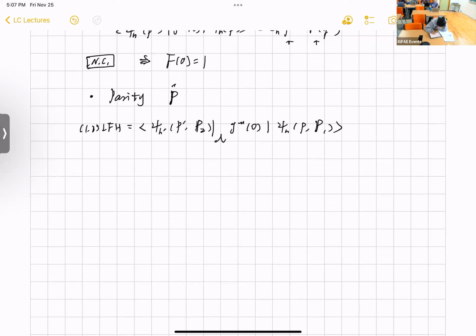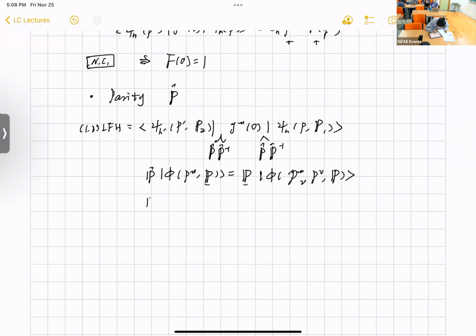So let me also write out the parity of the state, and let us plug in a complete set of the parity operation. What the parity operator did on the state with the momentum and the parity is that it will give you the parity of the state, and at the same time it will make a parity transformation of the momentum.